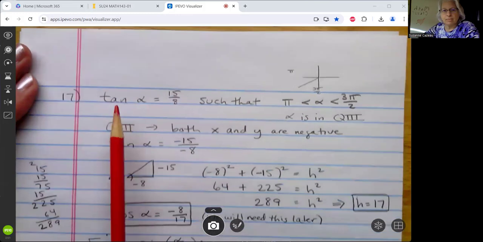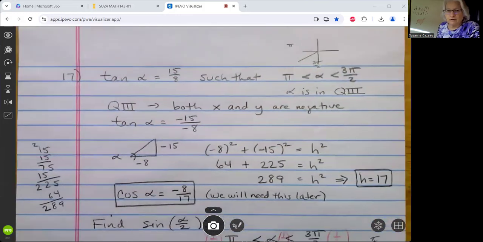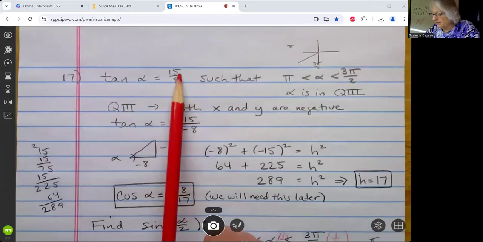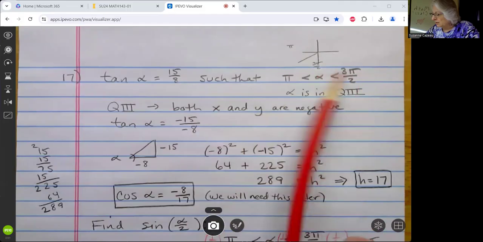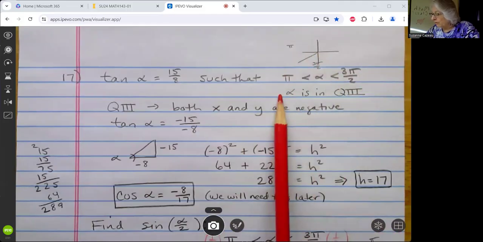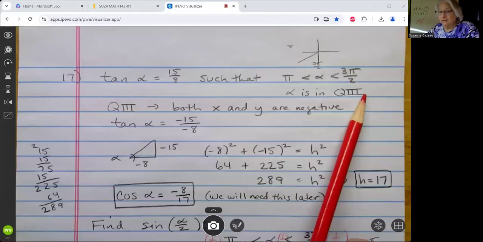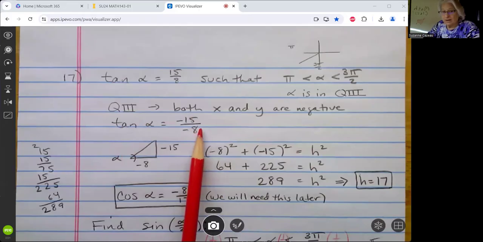Here's alpha. We're just investigating alpha for a minute. Tangent is 15 over 8, such that alpha is between pi and 3 pi over 2, so alpha is in quadrant 3. Tangent is negative 15 over negative 8.